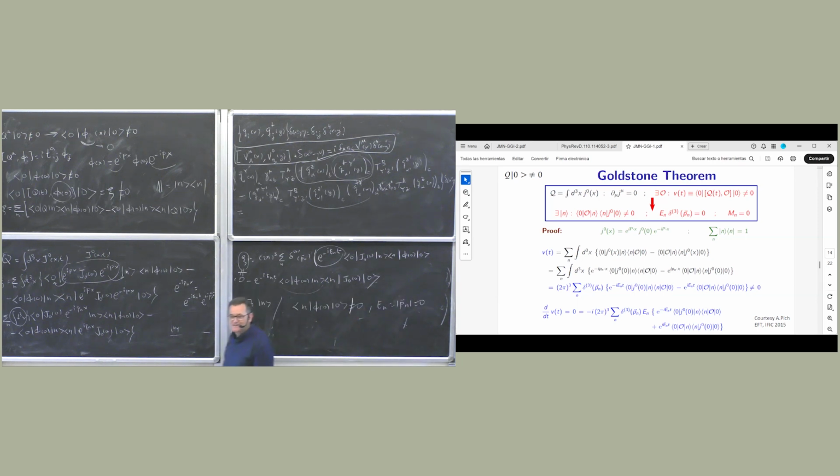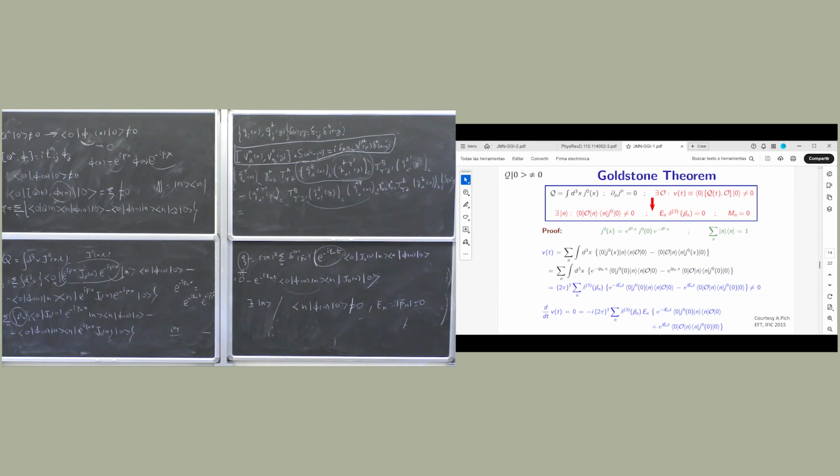Because I need a state giving some contribution to psi, since I know that psi is different from zero, correct? But at the same time, the state giving this nonzero contribution should be a massless particle. And this is the Goldstone theorem. Okay? This is the Goldstone theorem.